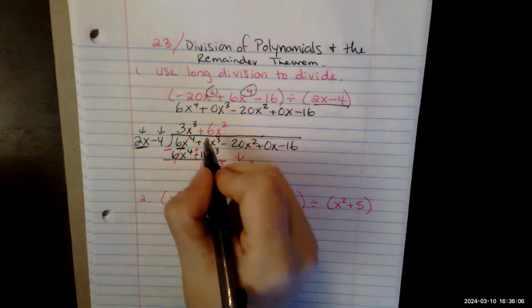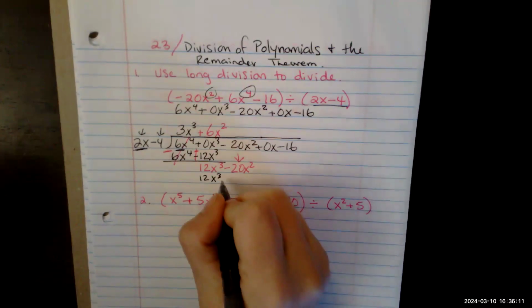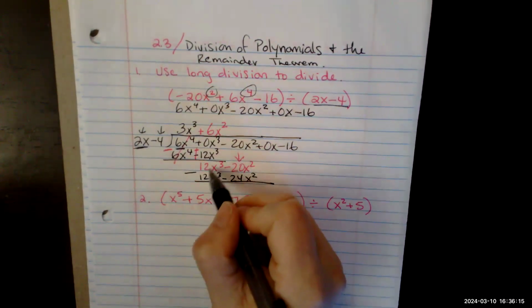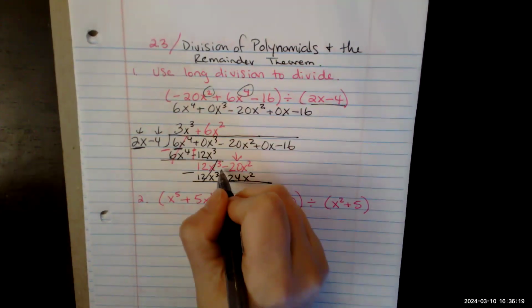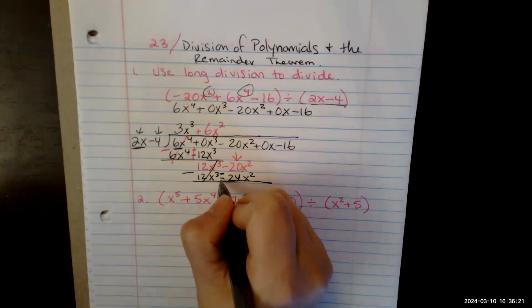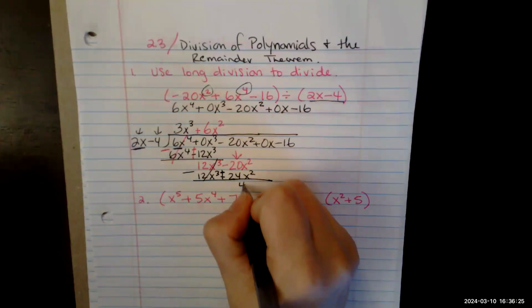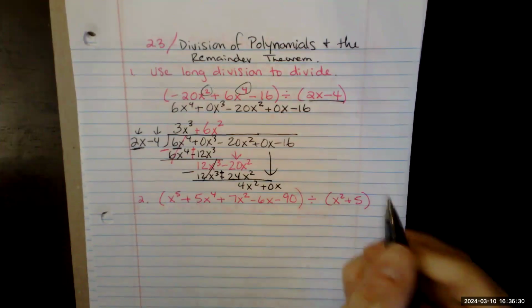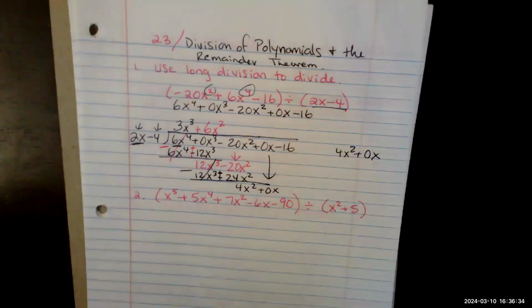So 6x squared times that, and then times -4. If I subtract here, they wipe each other out. If I subtract here, it becomes -20 minus a -24, so that becomes a plus. So I really get 4x squared. And now I bring down the next term. So I'm going to take that over here. I'm running out of room.